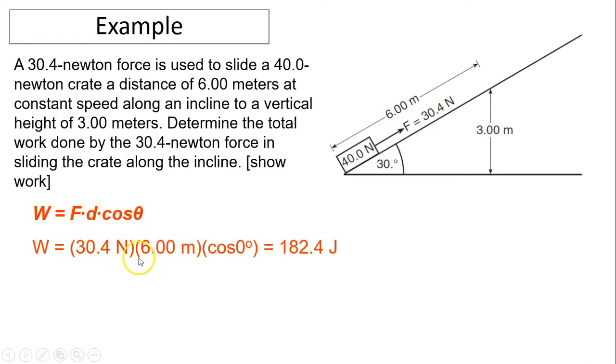F is 30.4. That's the applied force, not the weight. The force is 30.4 and displaced the crate 6 meters. What is the angle between the force and displacement? That's 0 degrees. So you'll have 182.4 joules.